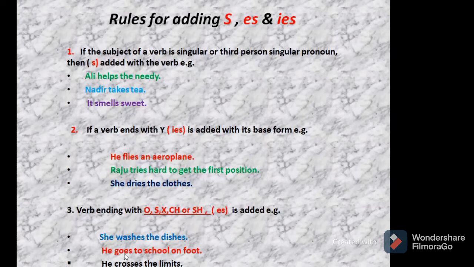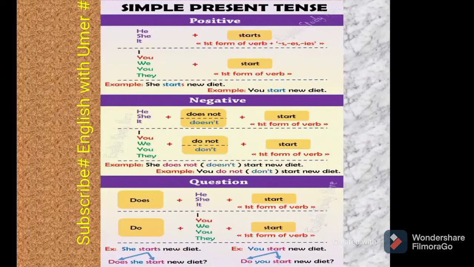Go was the main verb, base verb. We use ES because it ends with o. He crosses the limits. S was the last letter, so we use ES. So these are three simple rules where we use S, where we use ES, and where we use IES in present indefinite or present simple.